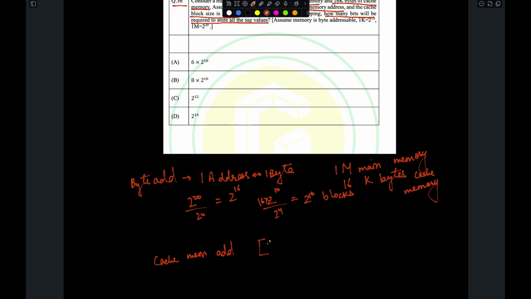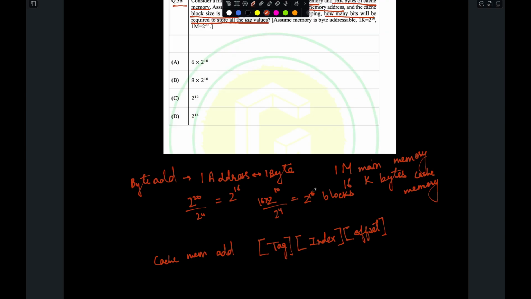It has a tag part, it has an index part, and the third part that it has is offset. Now let me just quickly tell you what all these 3 parts mean. First of all, offset means where in the block the address is, the particular block that we are referring to. Now what does index mean?